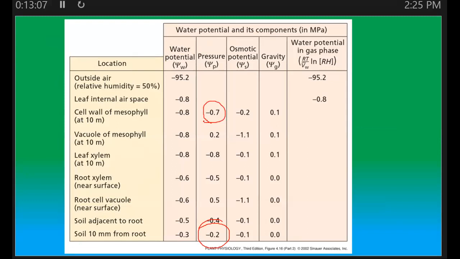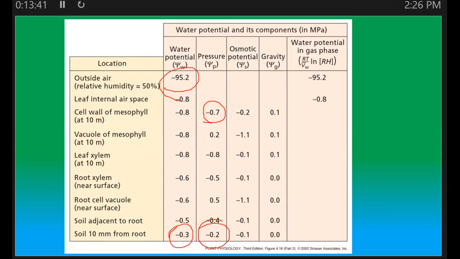So you have a stronger tension force in the leaf. And again, the overall water potential is also moving from less negative to more negative. By the laws of water potential, water always moves from less negative water potential to more negative water potential. And the psi sub P component is making it more negative up in the leaf. It's really causing a nice tension.